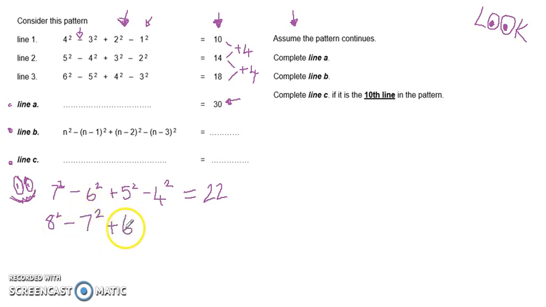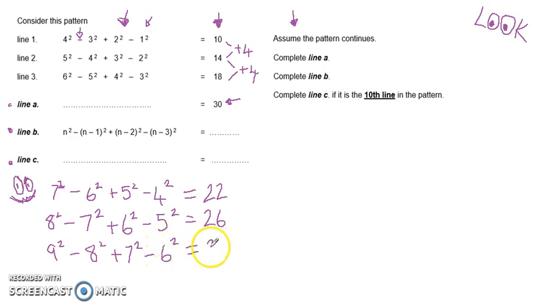And remember, I'm watching that I don't make any silly errors. So I've gone 8, 7, 6, 5. And that should give me an answer of 26. And 9, 8, 7, and 6 should then give me an answer of 30.